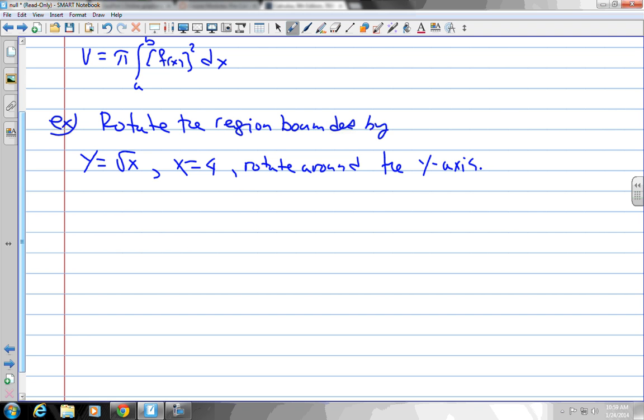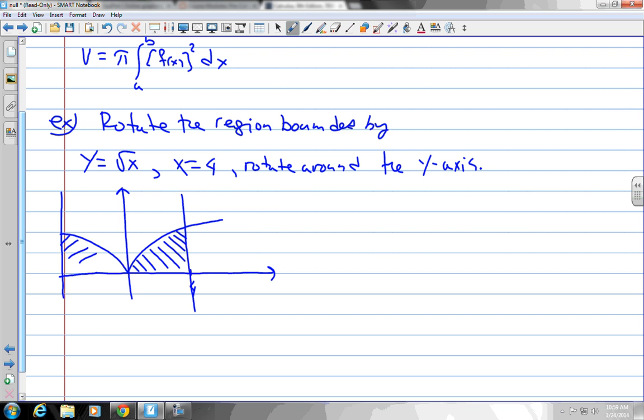If I sketch a graph of this thing, here's the square root, and let's say this is a 4. So the region bounded, that's the region, right?